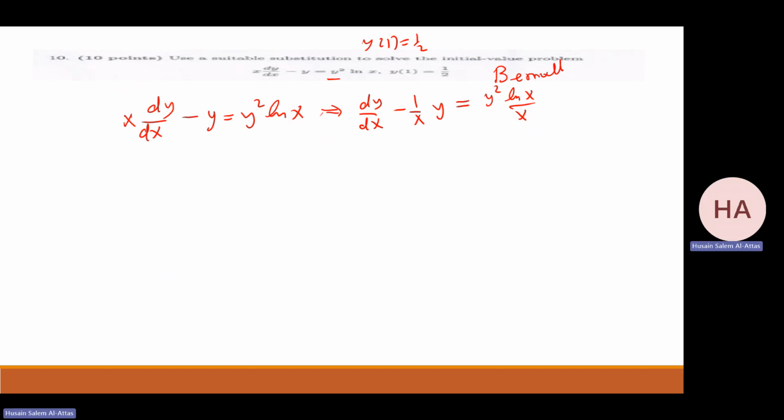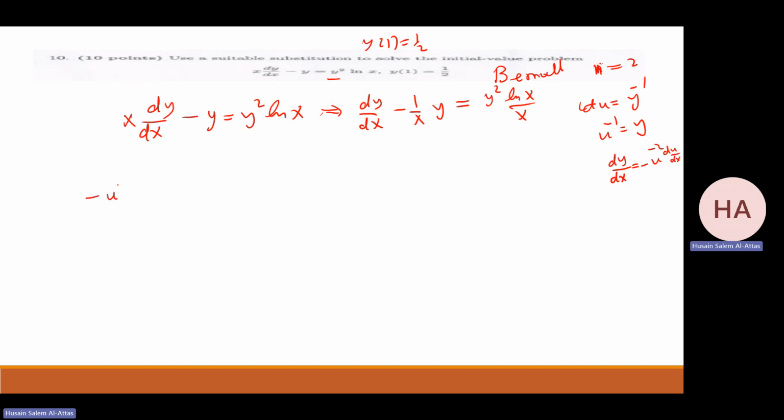Okay. I want to change this into, yeah, this Bernoulli with n equals 2. So let u be y to the power minus 1, so u equals y^(-1). So dy over dx will be equal to minus u^(-2) du over dx. Plug the things in.